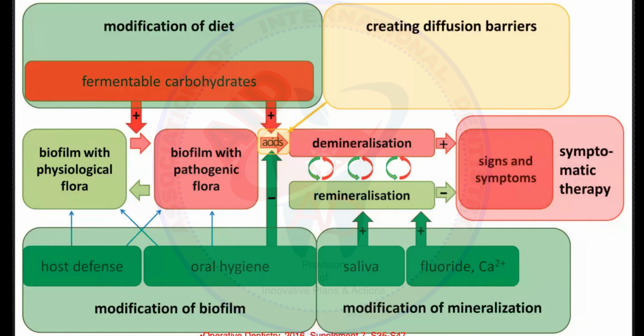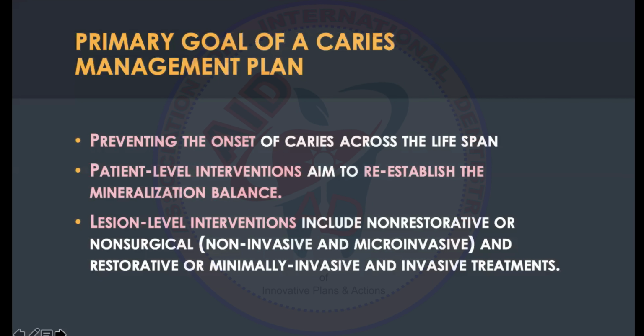We try to revert the factors: we use fluoride, we provide calcium, we modify saliva if possible, we go ahead with oral hygiene instructions, we increase the host defense, and we change the diet of the patient. So all these factors lead to remineralization of the decalcified lesion. That is how we can anytime revert a phase of decalcification to recalcification.